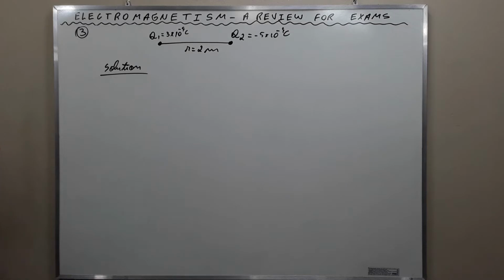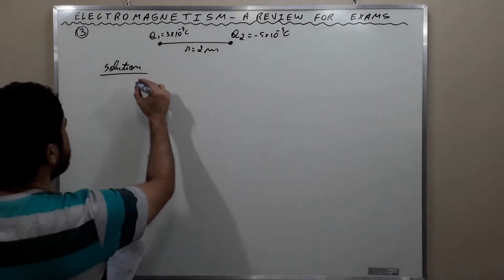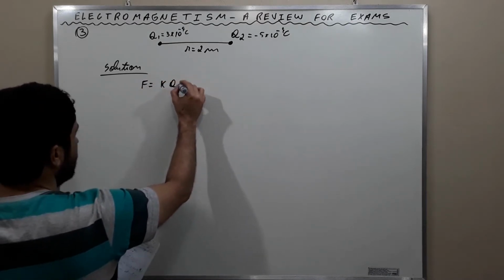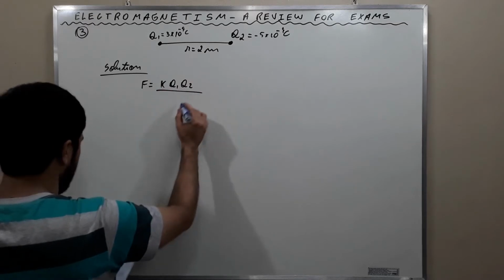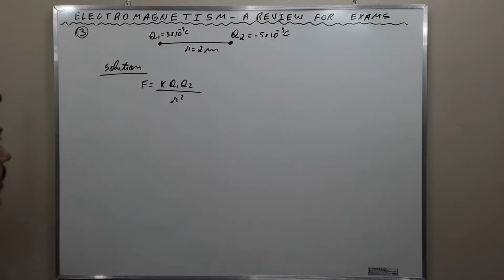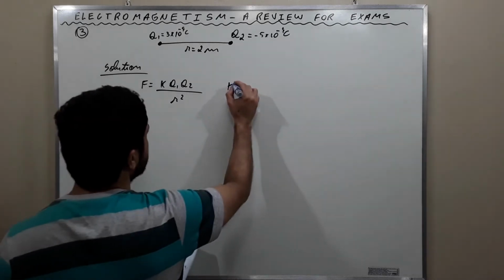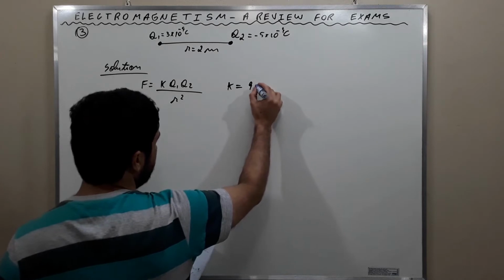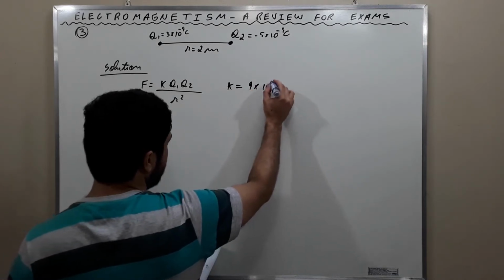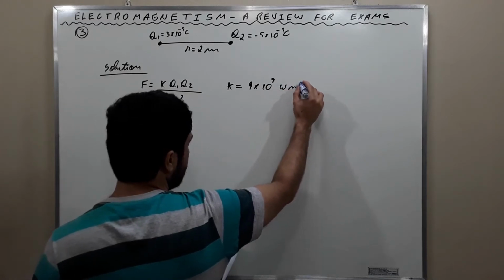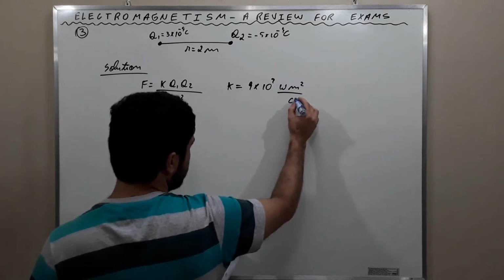To calculate the magnitude of the force, we use F equal to K Q1 Q2 divided by R squared. And we know the exercise provided us K is 9 times 10 to the 9th newton meter squared per coulomb squared.